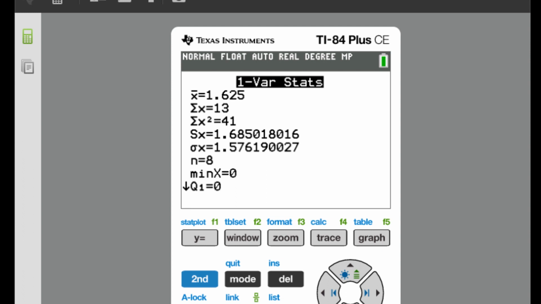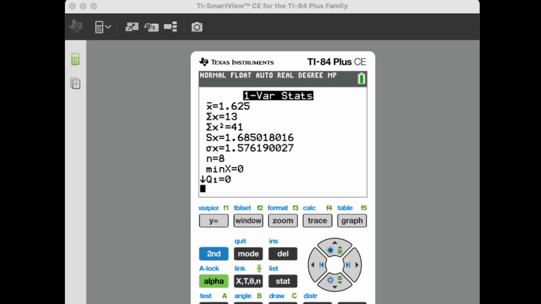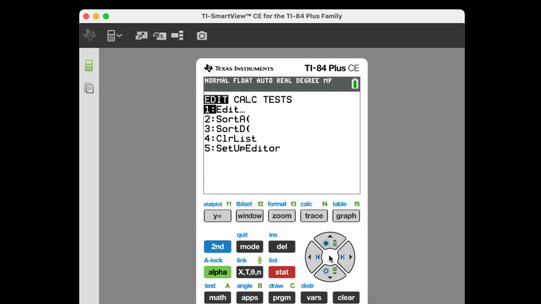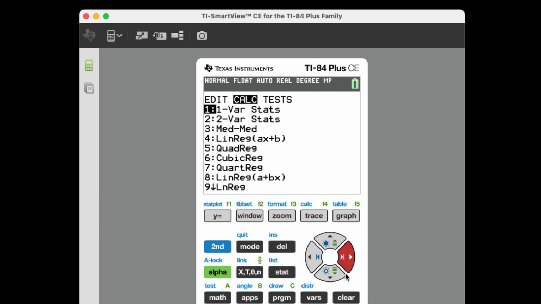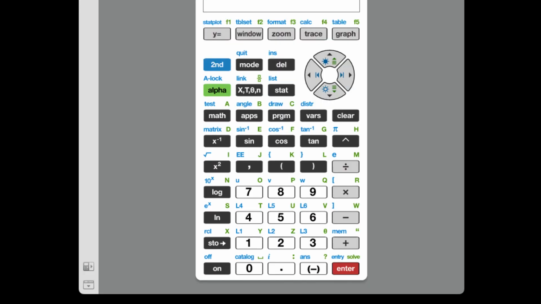So here's a question. I'm going to answer the question. Some people may need some help here, right? Go back to stat. Okay, you're going to go to calculate one variable stats. Now, right here, it should be L1. If it's L2, you have to tell the TI, hey, TI, go to L1. How do you do that? You see that 1 key again?